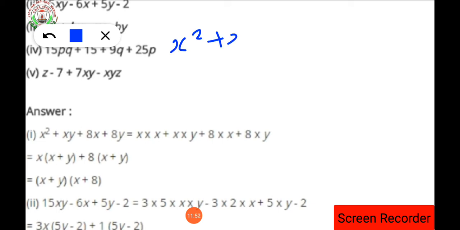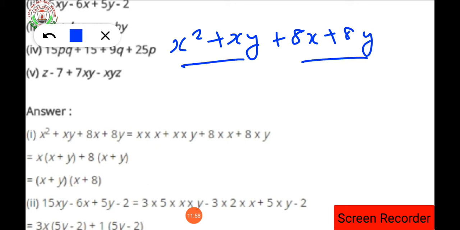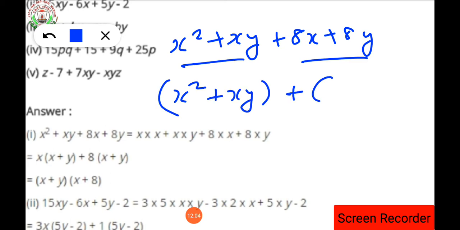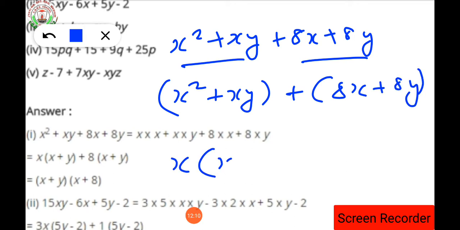So in this third question we have to do the factorization. That means we are going to take the common. Okay, so let's see how to take the common. So making the pair of these two numbers, that is x square plus xy will be the first pair, plus 8x plus 8y will be the second pair. Okay, taking x as a common, x plus y plus 8 into x plus y.